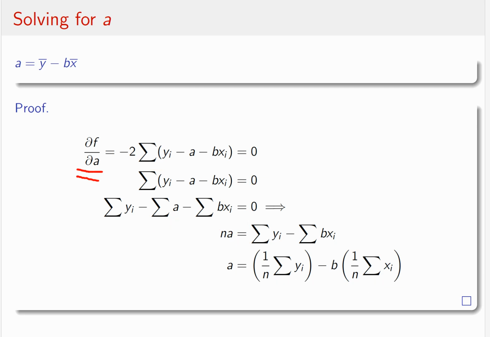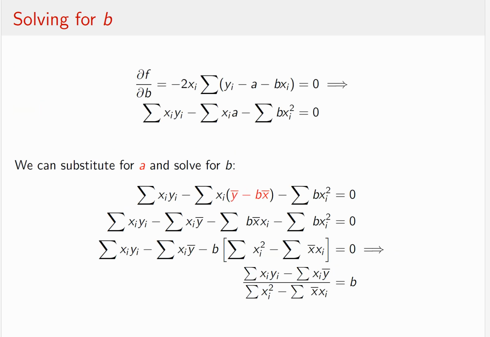and I'm getting rid of the stray marks so that we can take a look at solving for b. We do the same thing. Take the derivative, set it equal to 0, right? And what's going on here? Well, what we know is that a is equal to this.